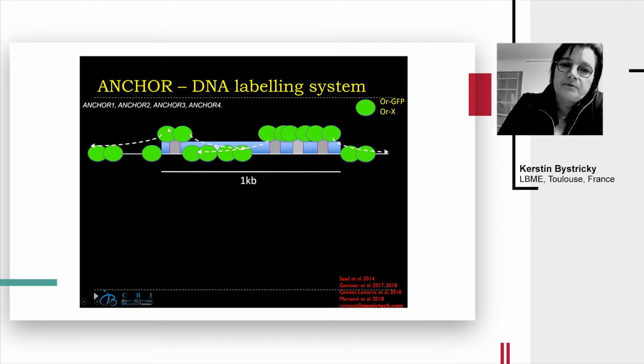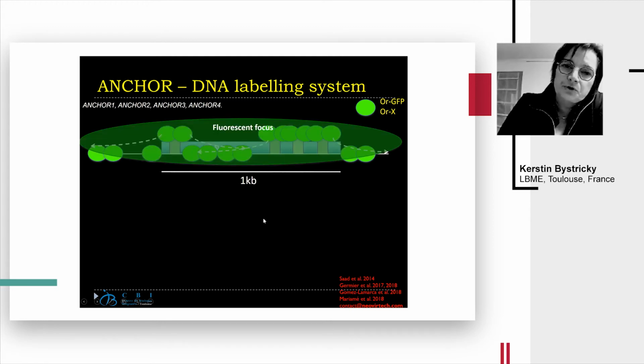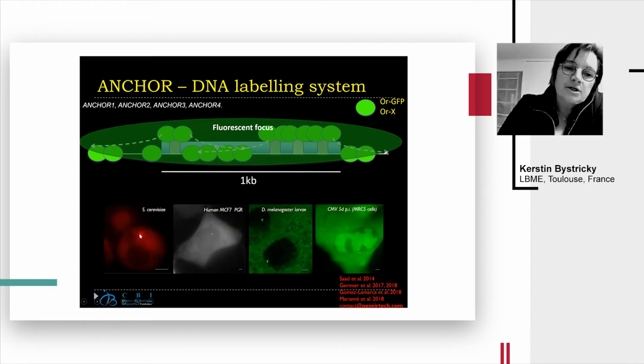They pile up in the place, 200 to 400 molecules, creating a fluorescent focus that you can see here in yeast. You can see it in human cells, in Drosophila cells, and in viruses. If you want to know more about it, please look at various things that we and others have published using the system.